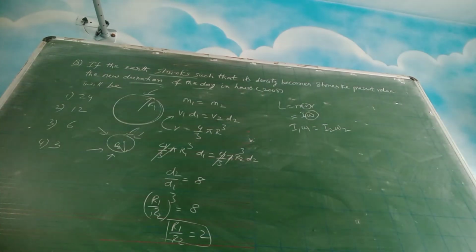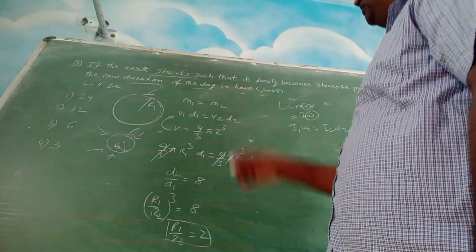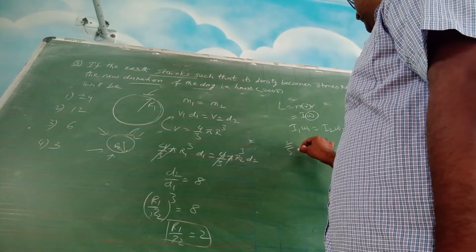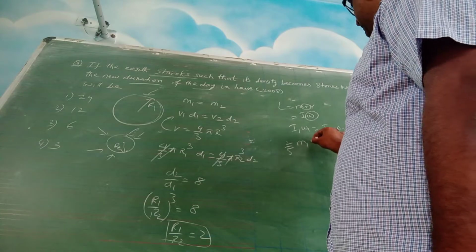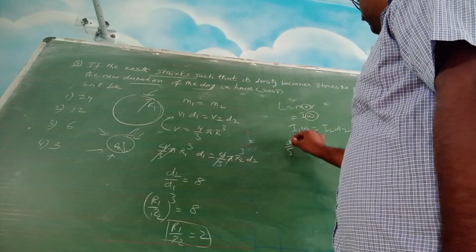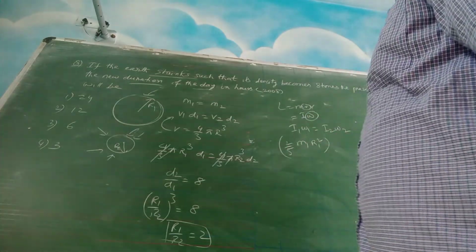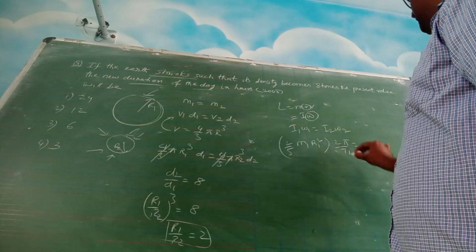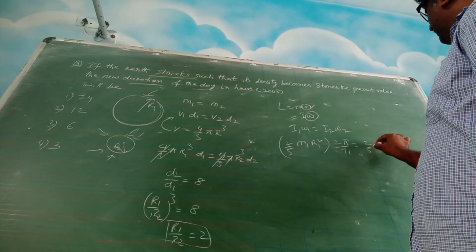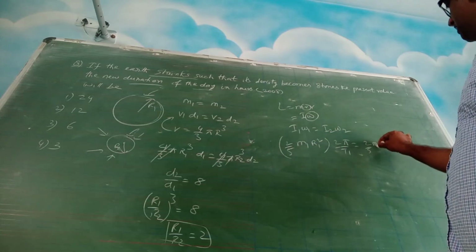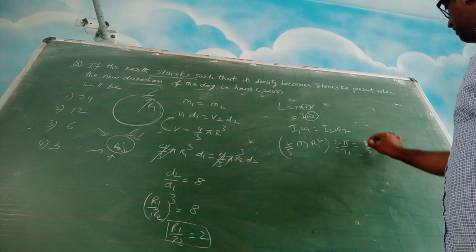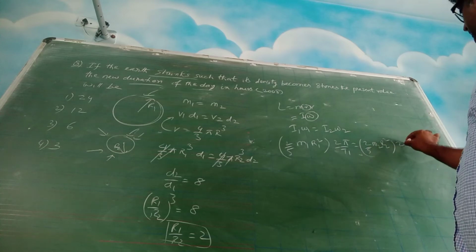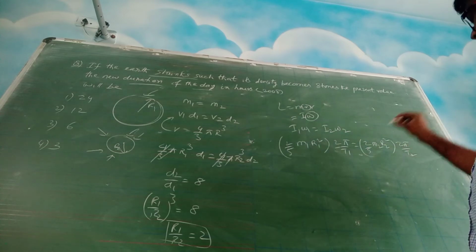Okay. Because it's a solid sphere, it is 2 by 5 m1 r1 square, is the I1 value, and I can write omega as 2 pi by t1, and this is 2 by 5. Now the mass has changed, m2 r2 square multiplied by 2 pi by t2.